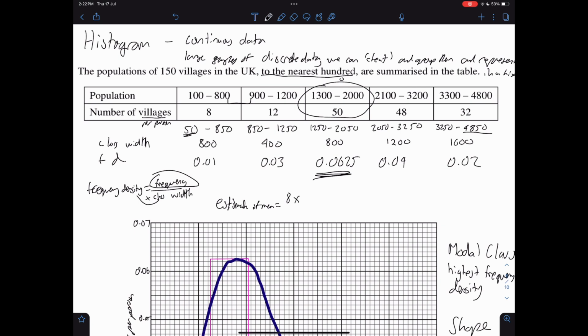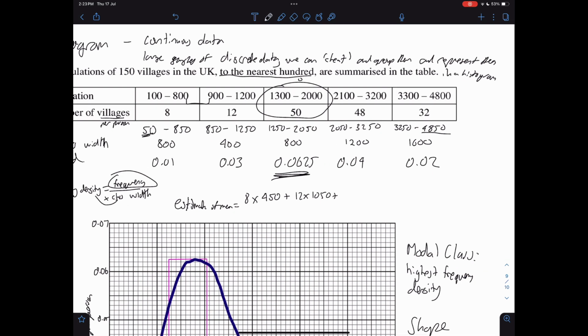So the midpoint here is going to be 450 plus 12 times 1050 plus 50 times 1,650 plus 48 times 2,650 plus 32 times 4,050, and you divide that by, well, that actually gives you the total number, which is helpful.